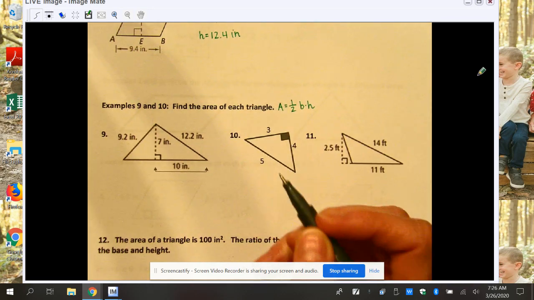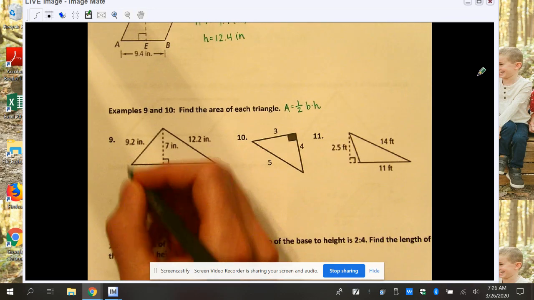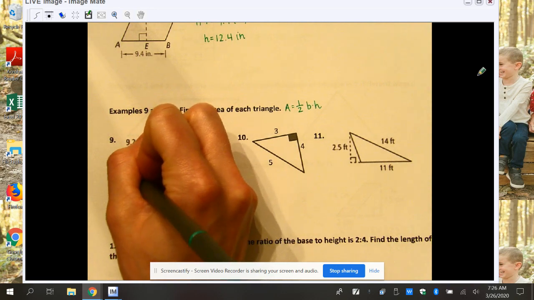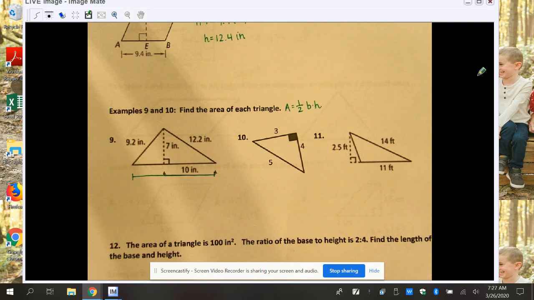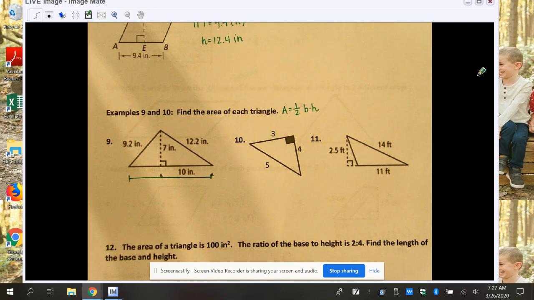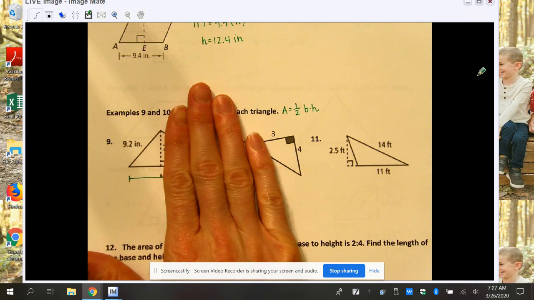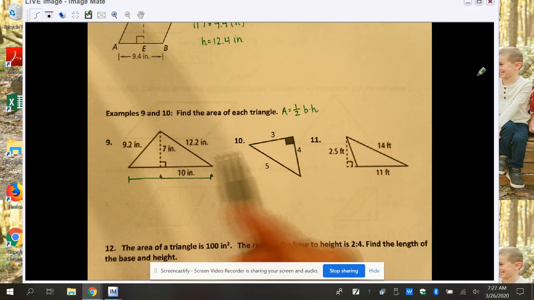So if this is the height I know, this is the base that I need. This whole thing. Well, right now, I only know this part. So I need to be able to figure out this part in order to find the length of this entire base.